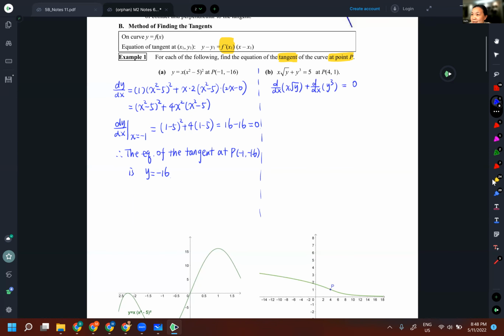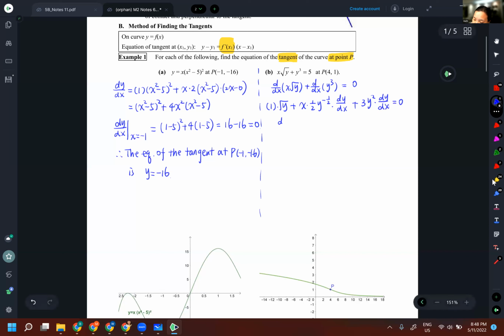So this one is a mixture. Remember we said a mixture of x and y. So it's not so simple. It's a product. Product. And then for the second part it's just y, so you don't have to do product. Okay.